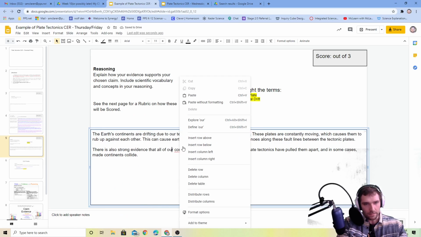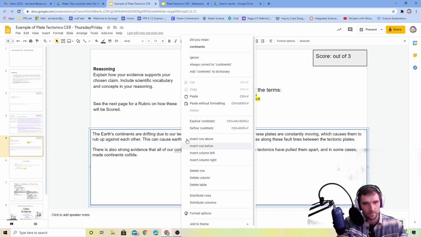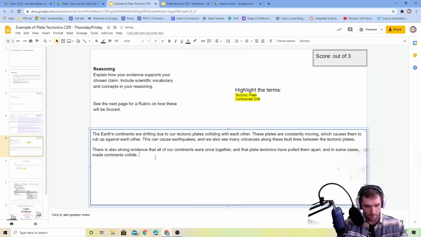And then we could say Wegener studied fossils and built off of other scientists' work comparing the coastlines to propose these used to fit together.